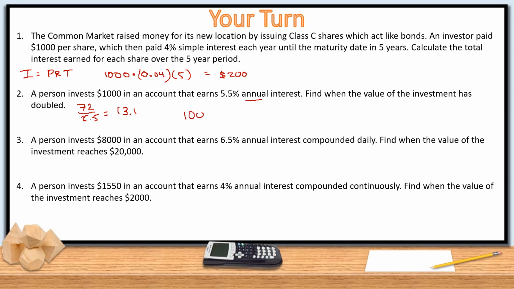So 1,000 times 1 plus 0.055, to the power of t, and we want that to be equal to 2,000, so when it's doubled. So 2,000 and 1,000 times 1.055 to the power of x.